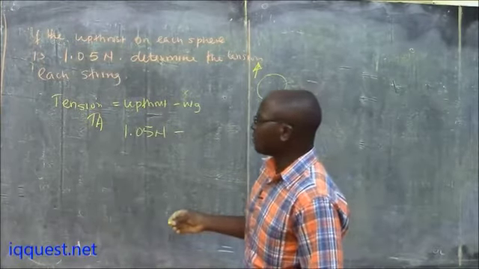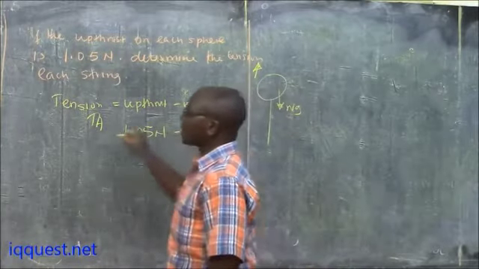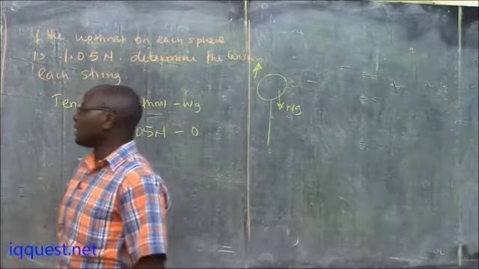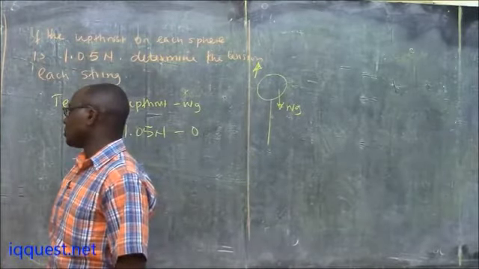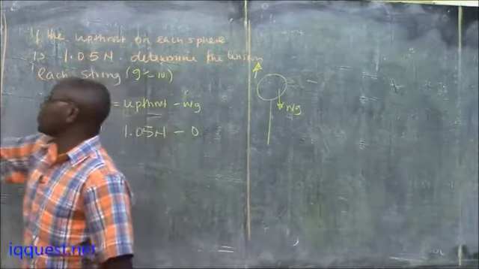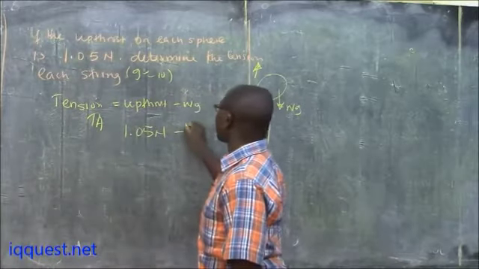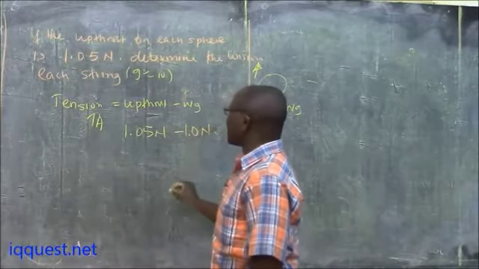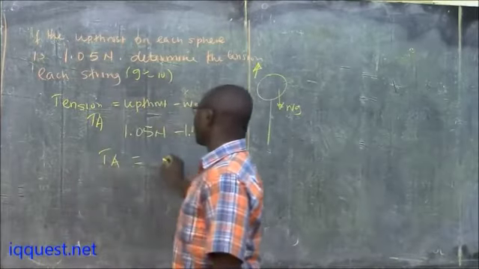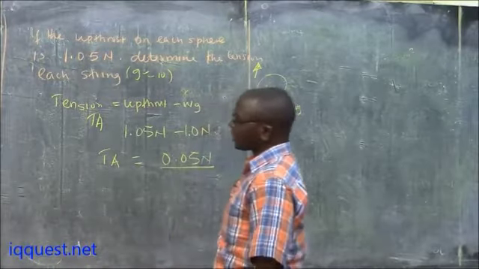So the weight is 0.1 kg. We need to multiply this by 10 because we are told g is equal to 10. So we multiply by 10 to get newtons. We get 1 newton. So we need to subtract 1.0 newtons to get the tension equal to 0.05 newtons. That's the tension.